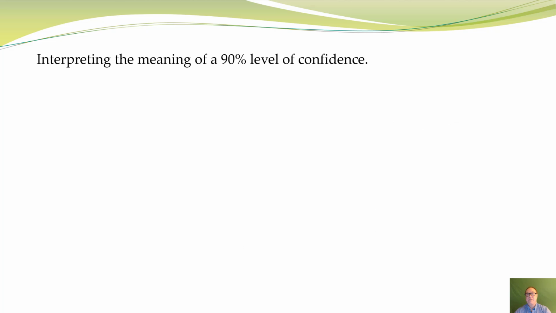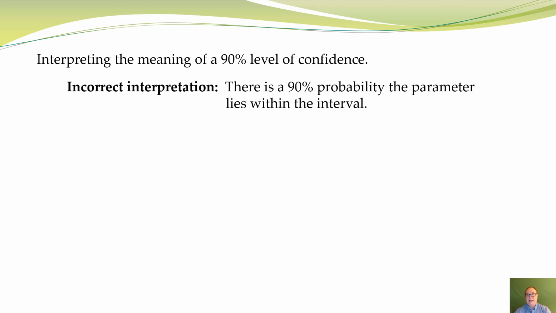Now, interpreting the meaning of a 90% level of confidence. Many times this is misinterpreted. The incorrect interpretation is, once you have an interval, don't say there is a 90% probability the parameter lies within the interval. That is incorrect.